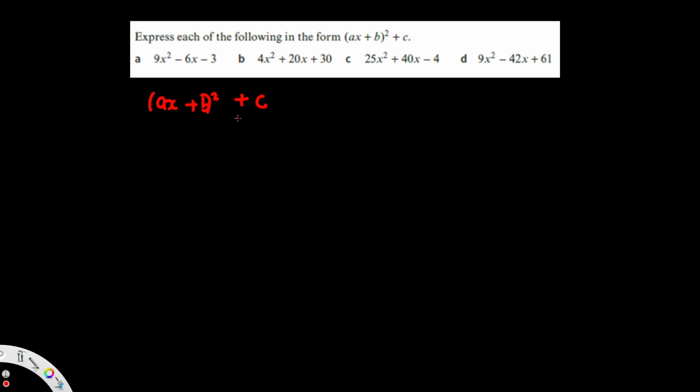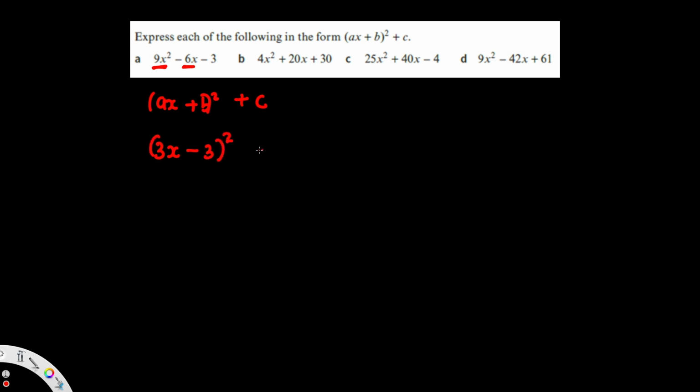Now this one I need to give you a different method. I can say this is going to be 9. So the square root of 9 is going to be 3. So it will be 3x minus, half of this is going to be 3.